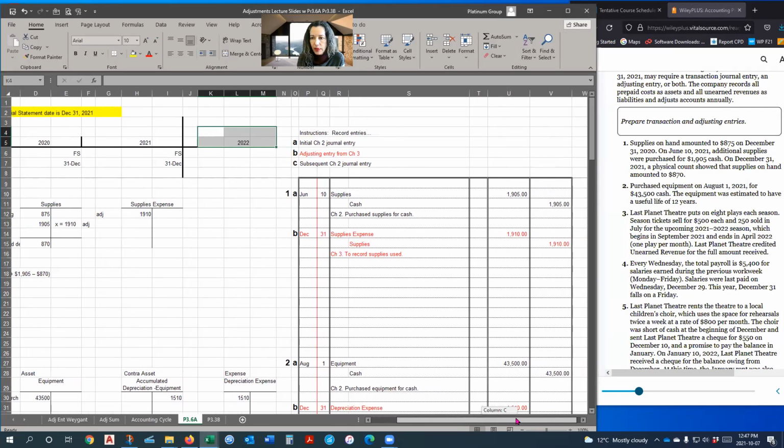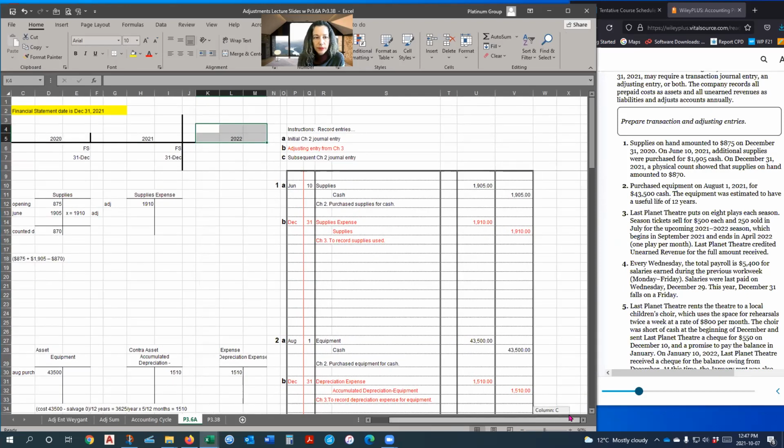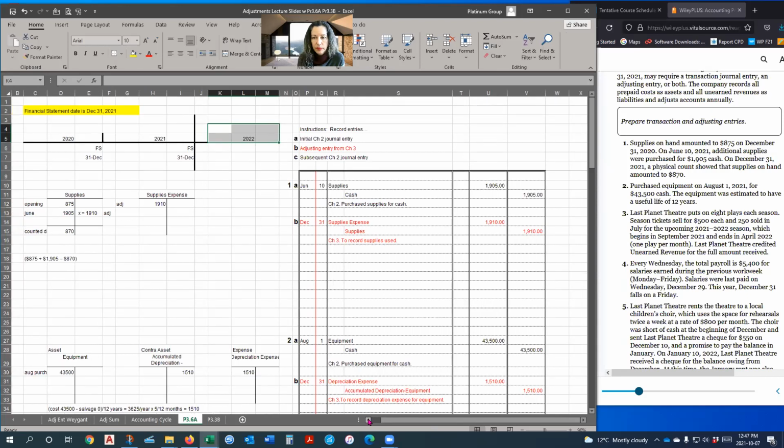And so we have the supplies right here being purchased on June the 10th. We're debiting supplies. It tells us we purchased $1,900 worth of supplies, and we pay cash, so we're crediting cash. This is a chapter 2 journal entry.